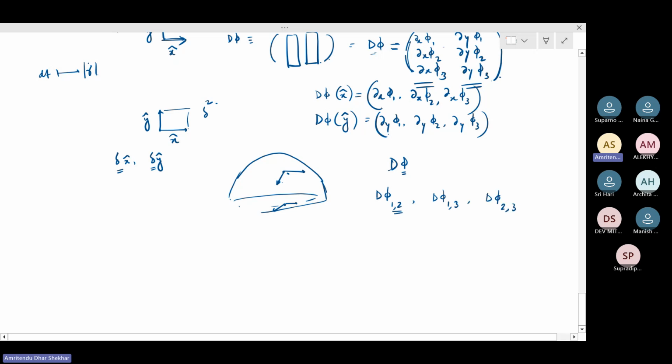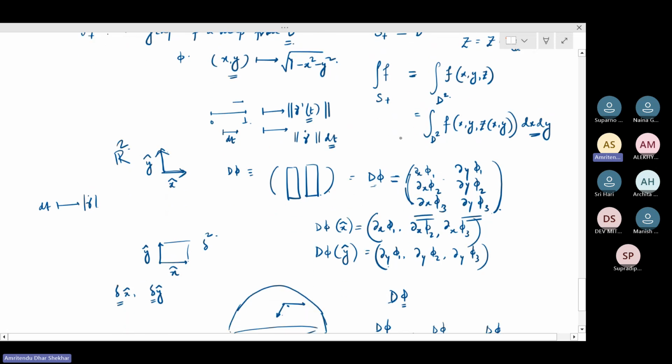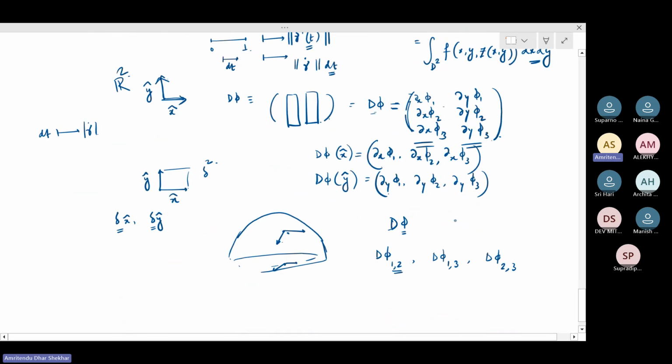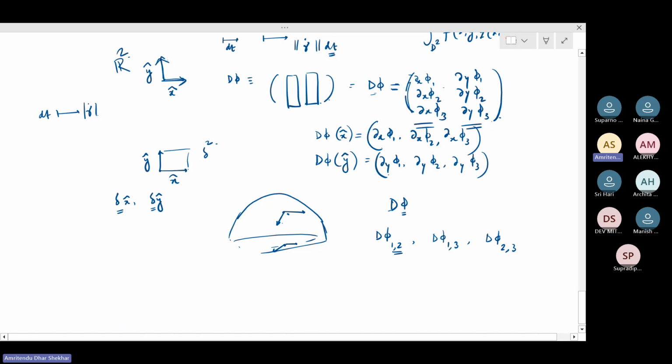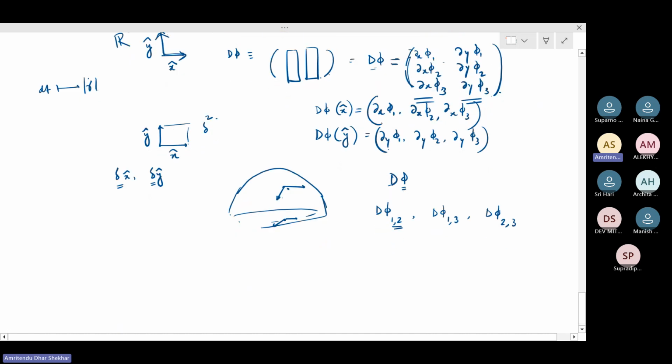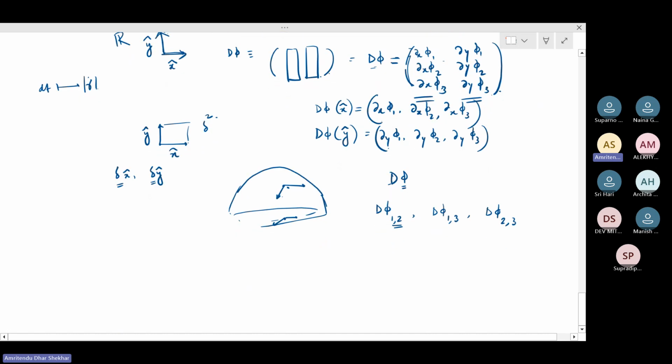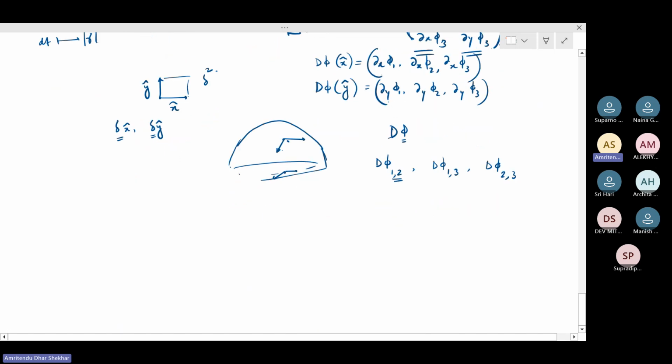So 1 comma 2 means you take the first and the second rows of d phi. 1 comma 3 is the first and third rows of d phi, and 2 comma 3 is rows 2 and 3 of d phi. Okay.